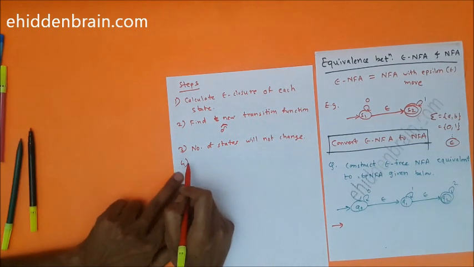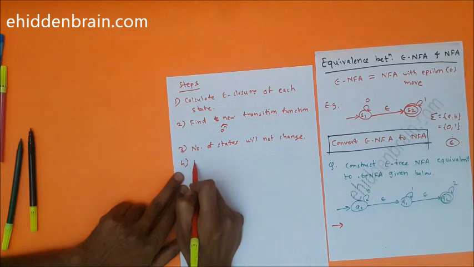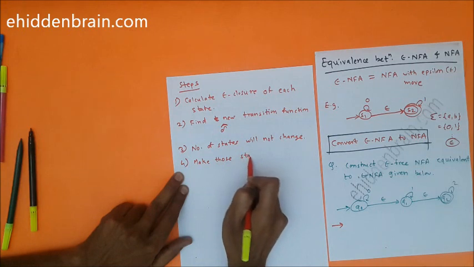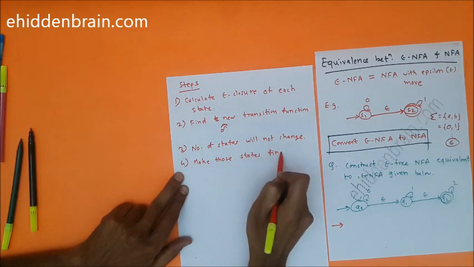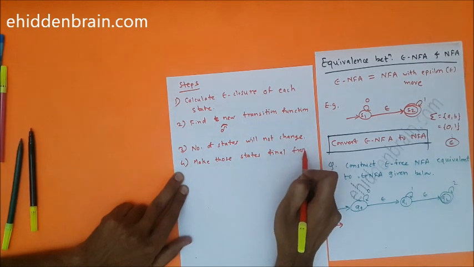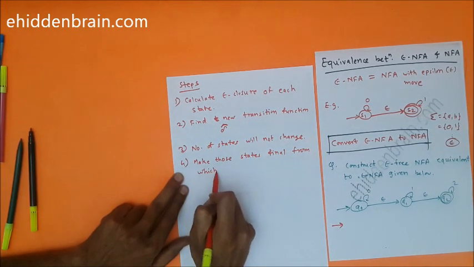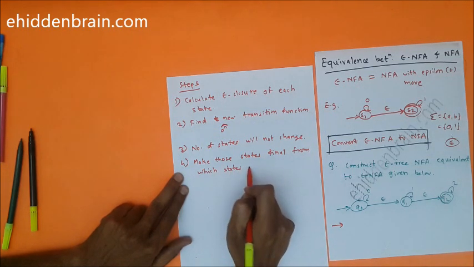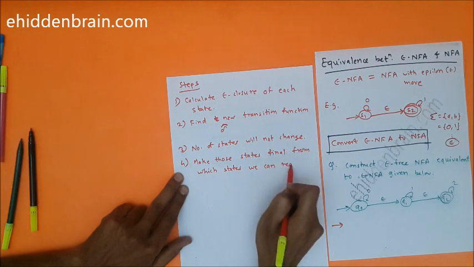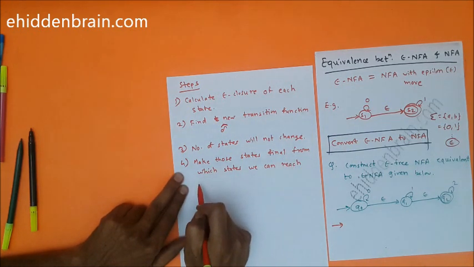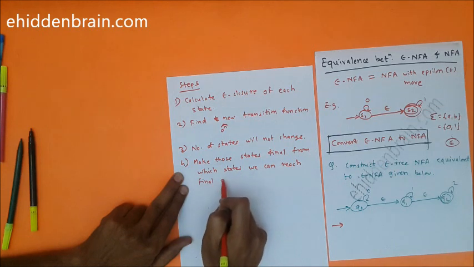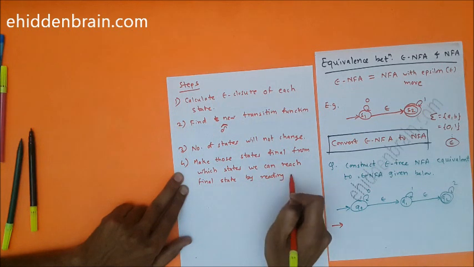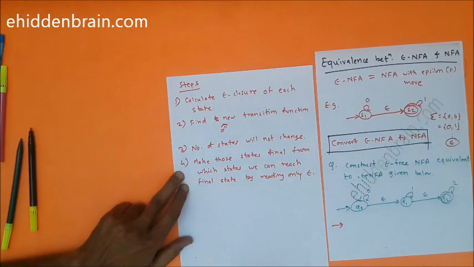And the fourth part is to make those states final from which we can reach a final state by reading only epsilon.